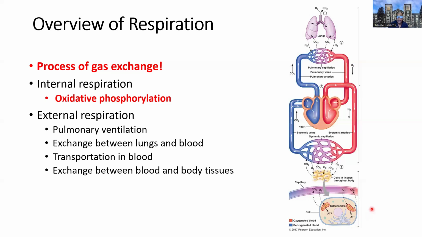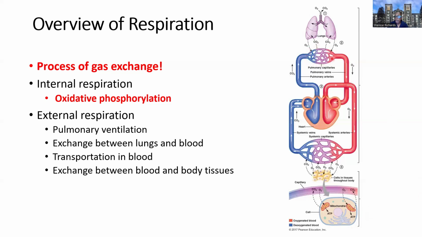The process involves external respiration. So we want to think about all the mechanical components to helping that oxygen move. There's pulmonary ventilation, so the lungs are going to be moving air in and out. There's exchange between the lungs and the blood.